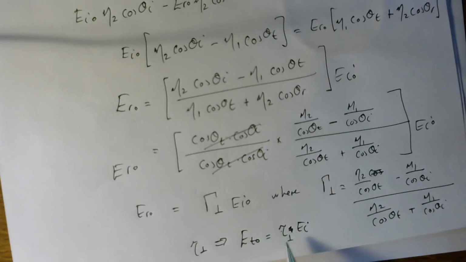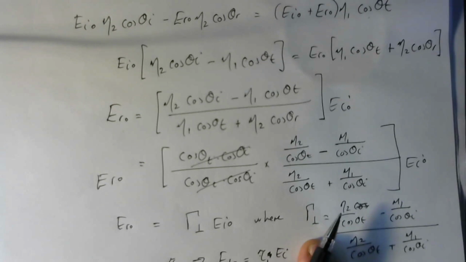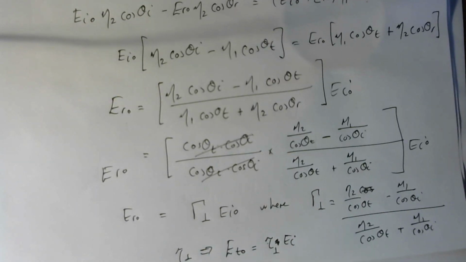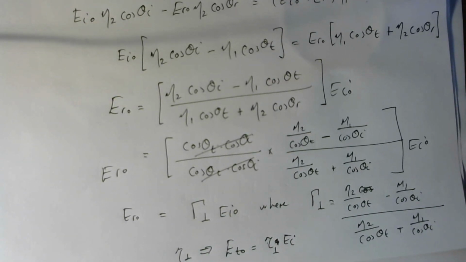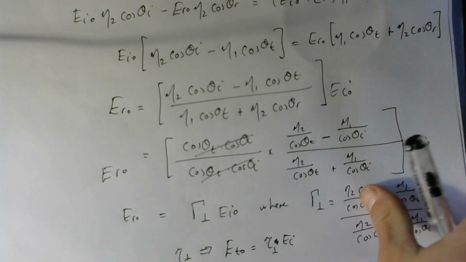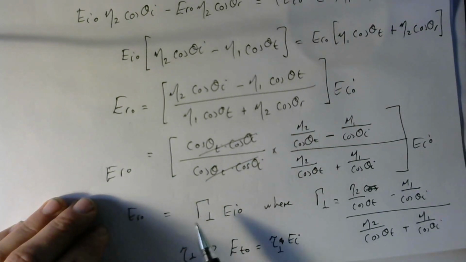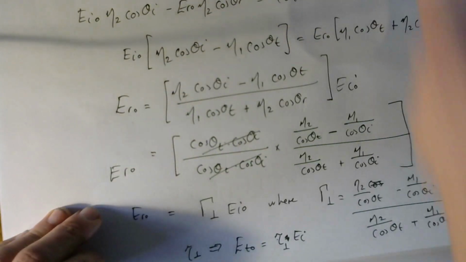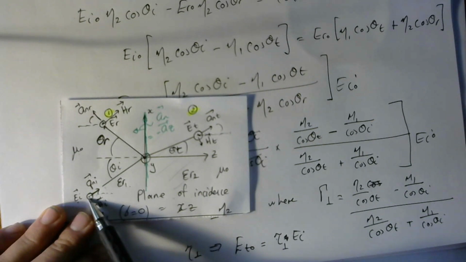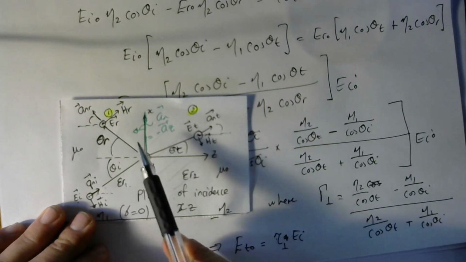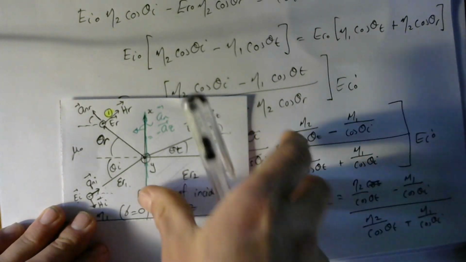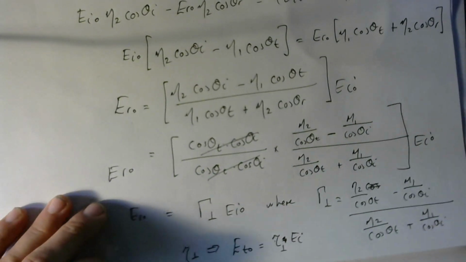But exactly the same approach applies to the parallel polarization. You can follow the exact same steps to calculate the reflection coefficient, for example, for the parallel polarization case, where EI is now lying in the plane of incidence, the xz plane.